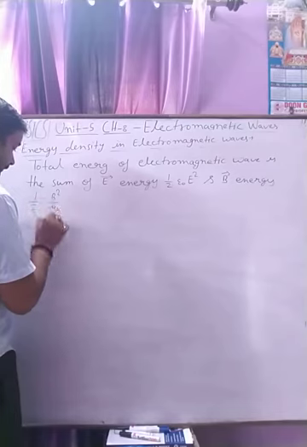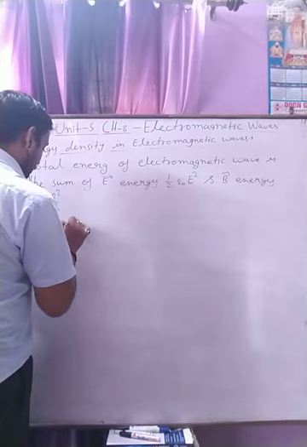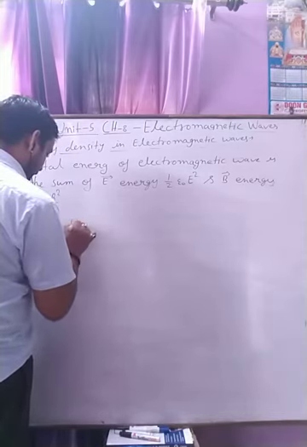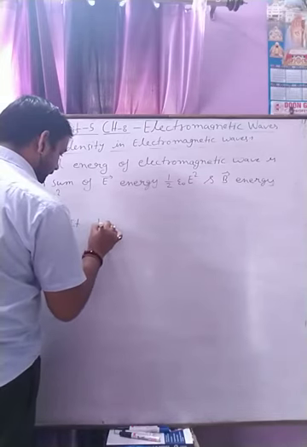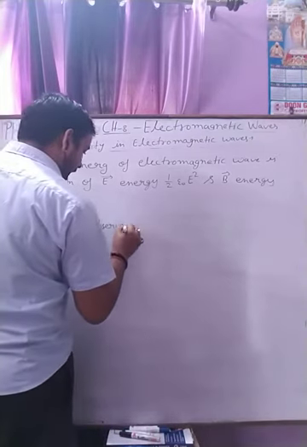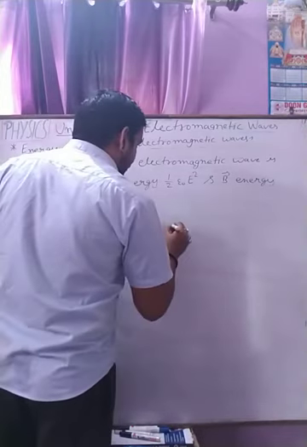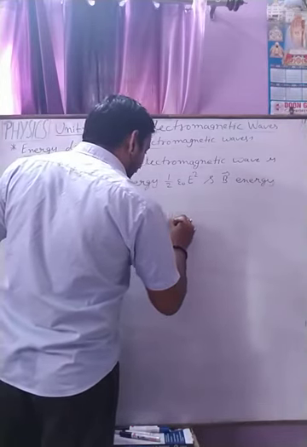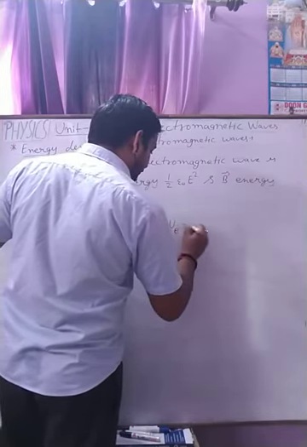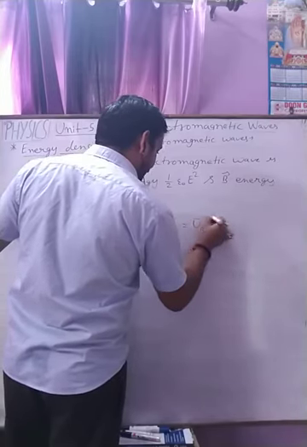Therefore, it is observed that average energy in electric field is equal to the average energy in magnetic field.